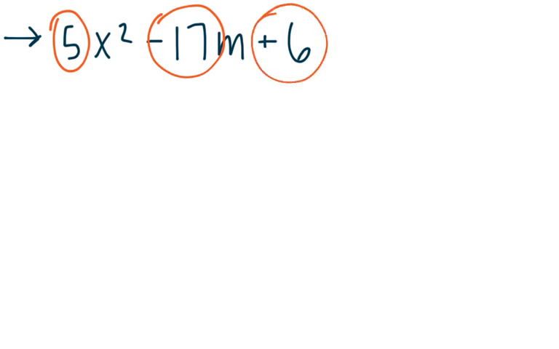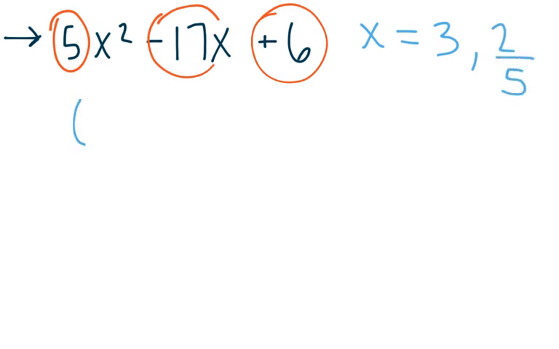And I just realized I used an x and an m, so let's just make this mx, okay? Sorry about that. All right, so we've got 5, -17, and 6. Let's solve, see what we get. All right, they tell us that x is equal to 3 and x is equal to 2/5. So how would this look?